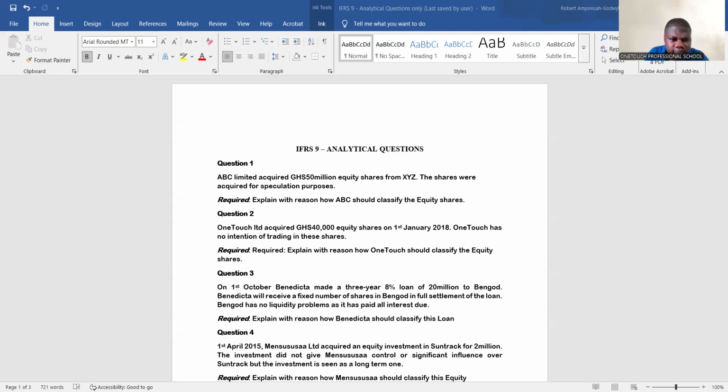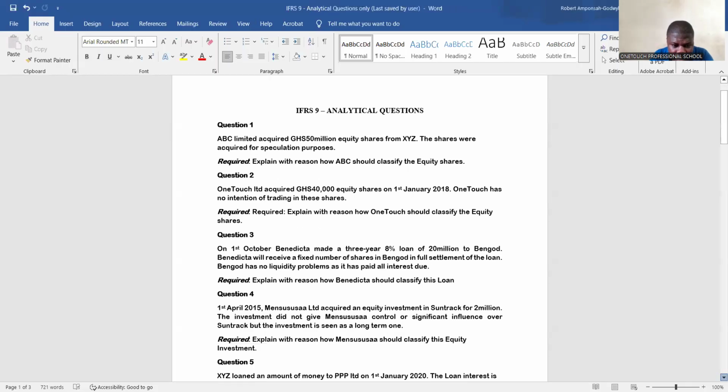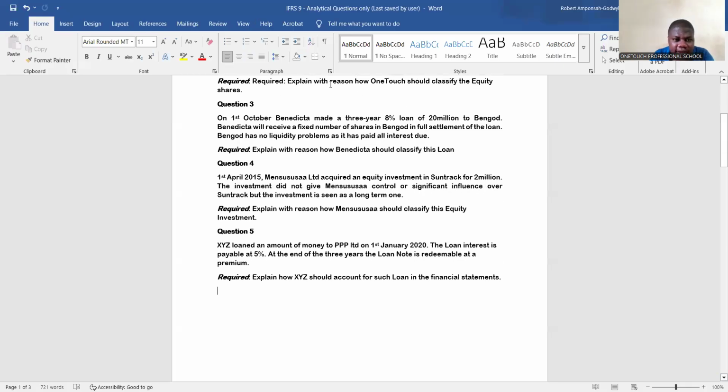Number 4. On 1st April 2015, Mensususa Limited acquired an equity investment in Santra Boss, please scroll up. Can you see now? Yes, sir. Question 4 or 5?